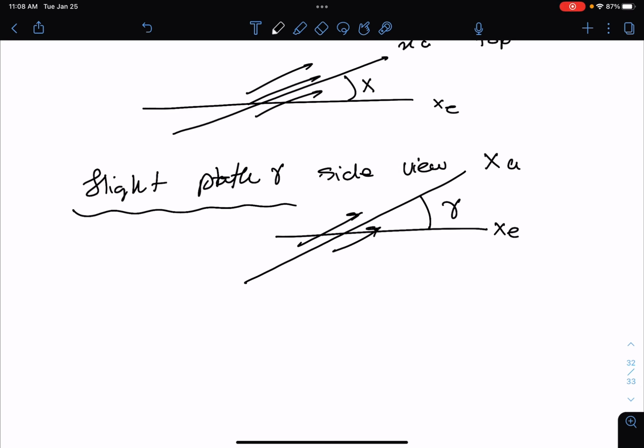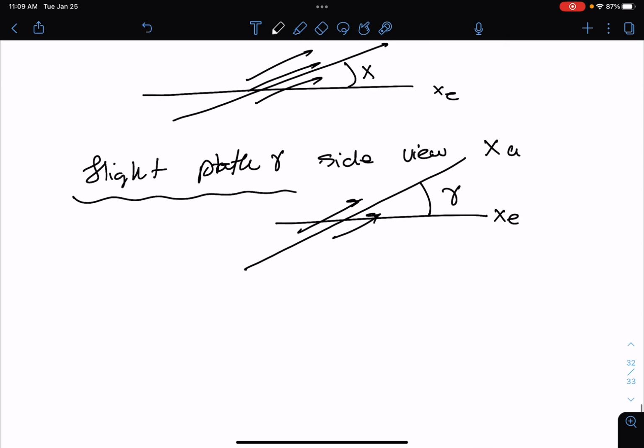We don't really use the azimuth angle that much, but the flight path angle is very common. You have to be careful that the flight path angle is defined as the angle of the movement of air with respect to the horizon, right? It doesn't have anything to do with the situation of the aircraft itself. The aircraft is defined by the angle of pitch.